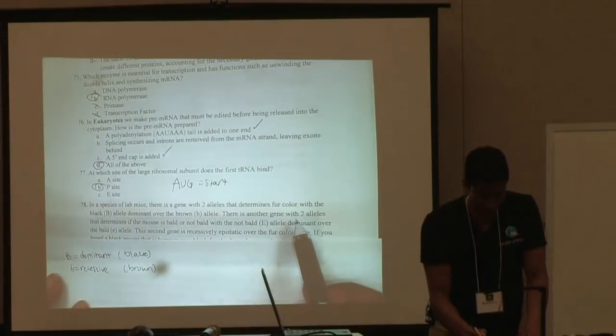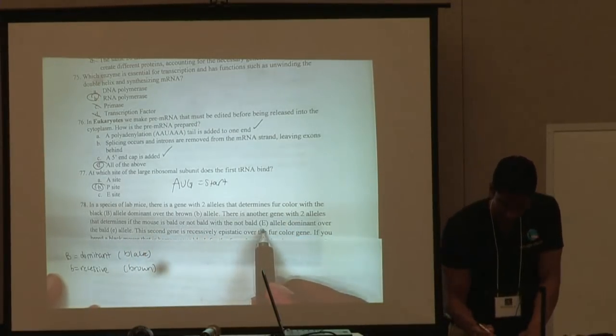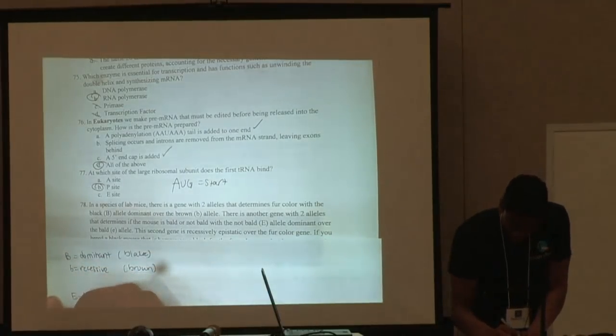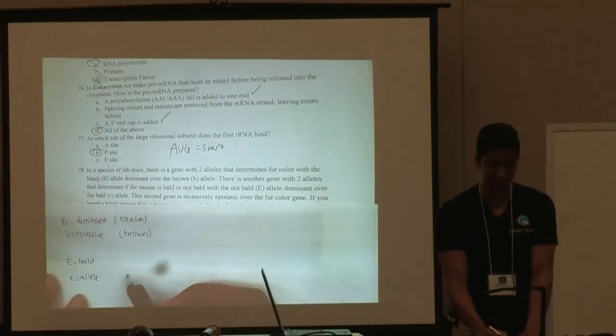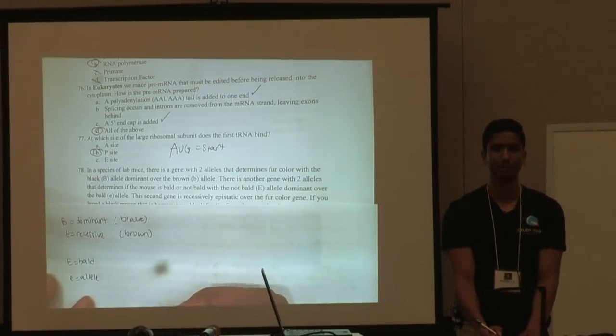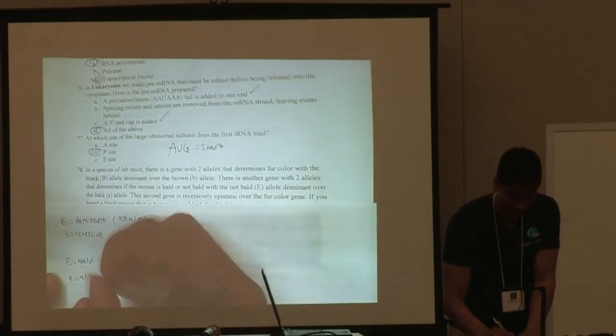There's another gene with 2 alleles that determines if the mouse is bald or not bald, with the big E allele dominant over the bald little e allele. The second gene is recessively epistatic. So what does it need to be for it to mask the first effect? Big E, big E, big E, little e, or little e, little e? Little, little, right?